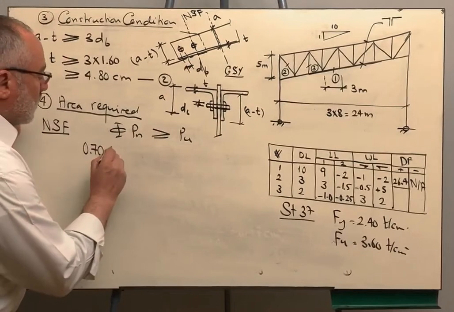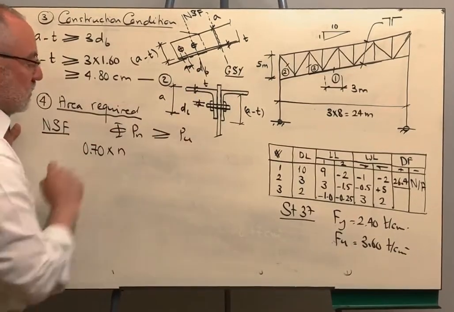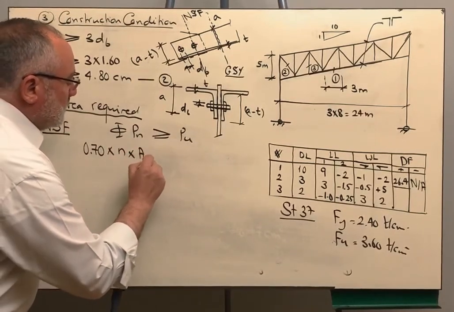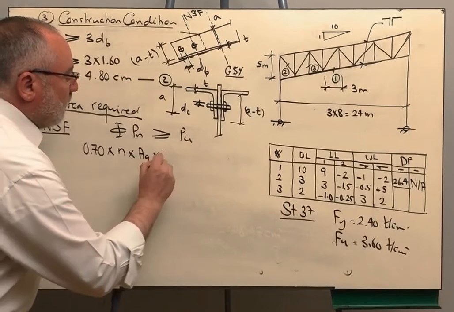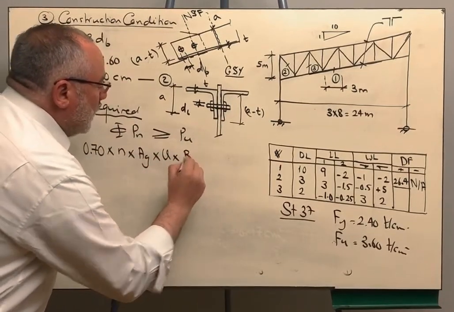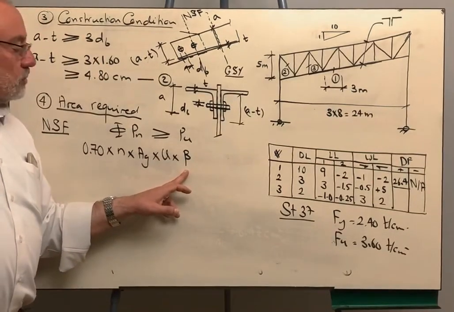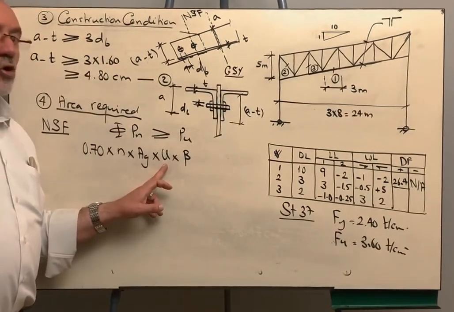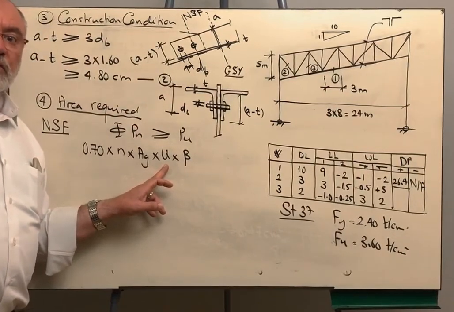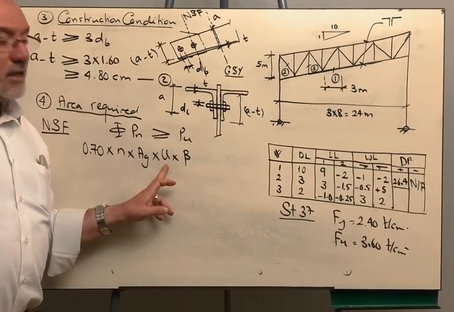Now P nominal, we have two angles, then this is N, the number of angles in the cross section, and this is the area gross of the angle. We have to multiply this by the shear lag factor U and the net area factor beta. The value of U is 0.75 if the members are bolted, and 0.85 if they are welded.